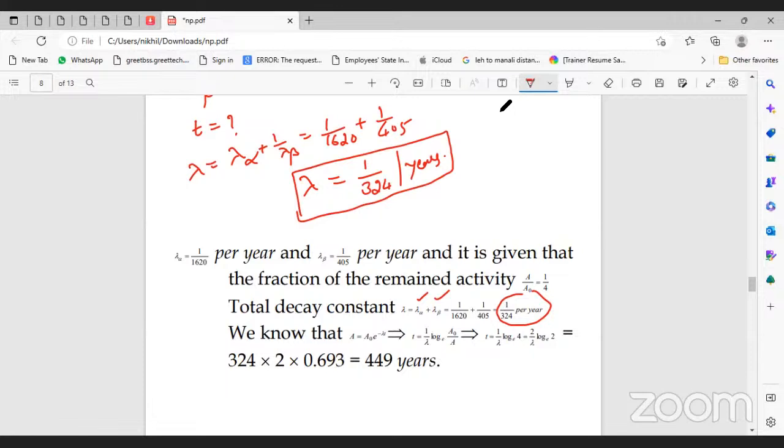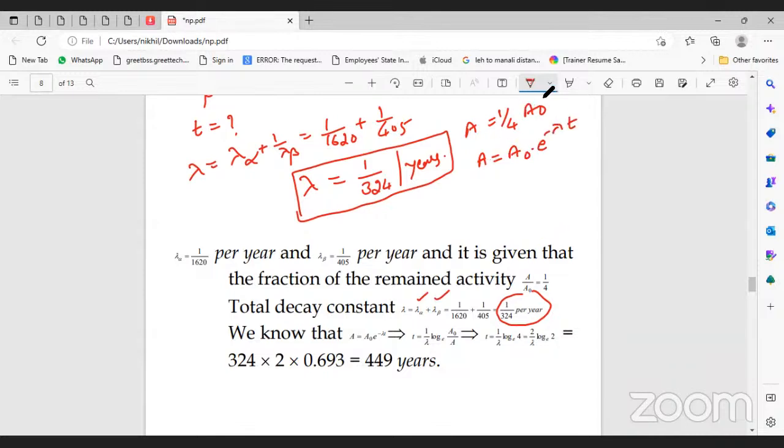Now they are asking you to get 1/4 of the initial activity, 1/4 of A0. You know that activity is given by the formula A equals A0 into e power minus lambda t.